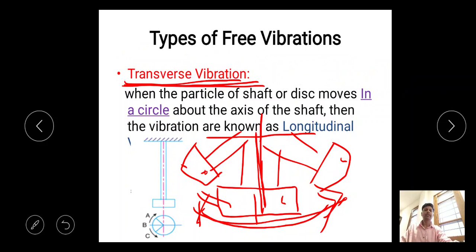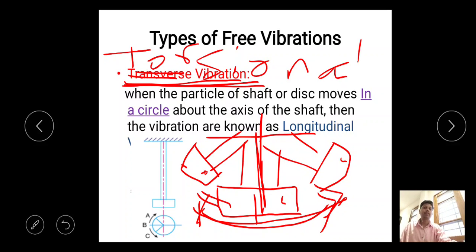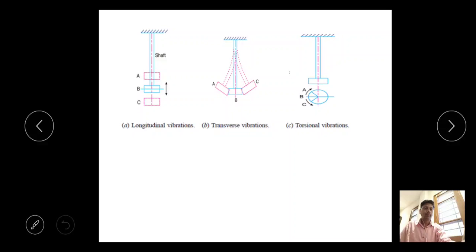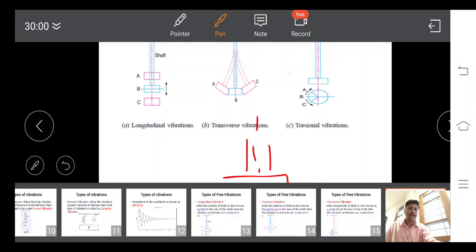Next is torsional vibration. What do you mean by torsional vibration? Suppose you have a shaft and you consider a particle here, and this is the axis.